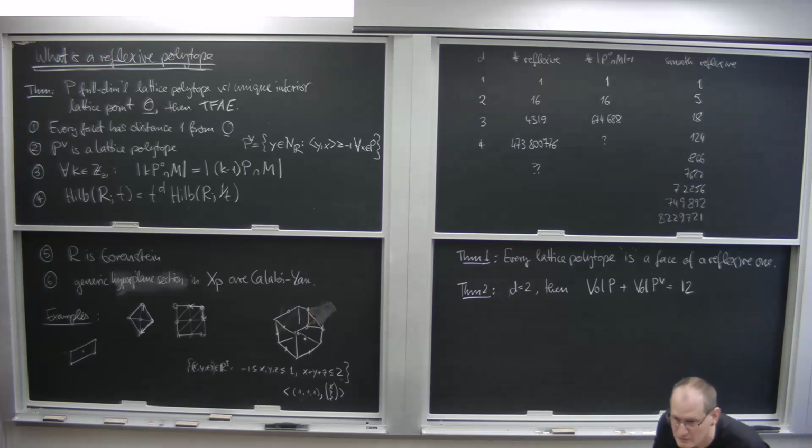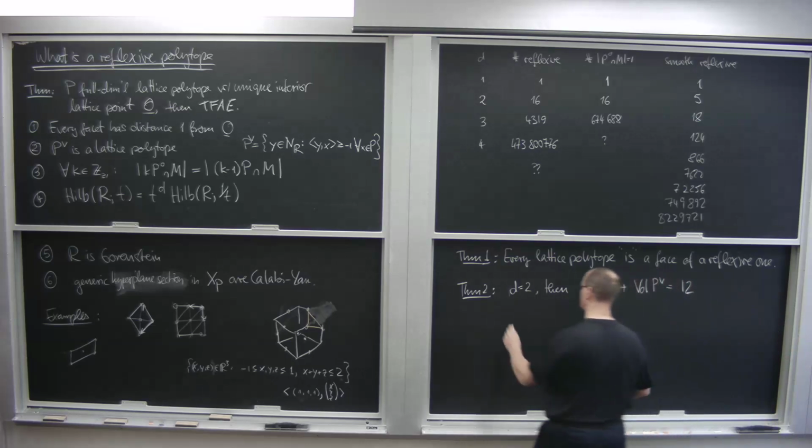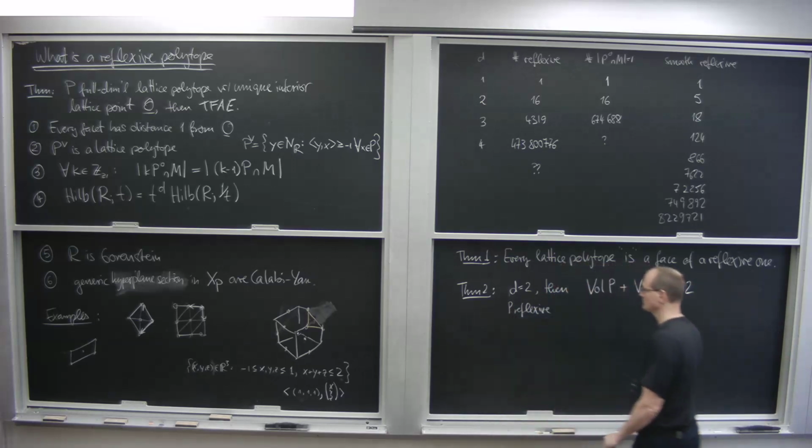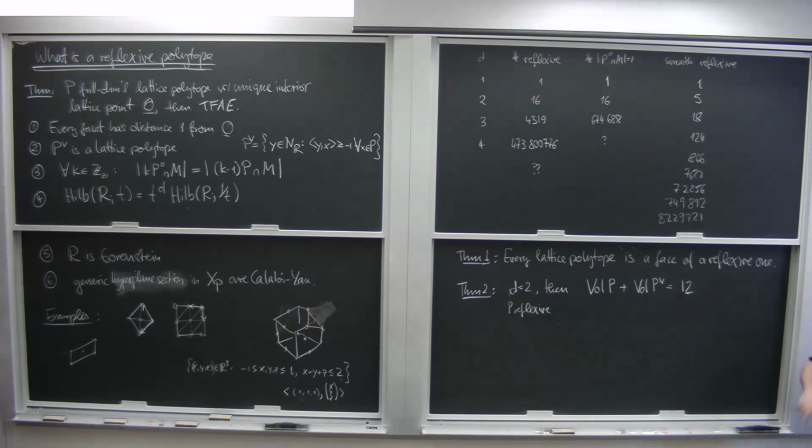Excuse me? Yes, yes. D equals 2, P reflexive. The volume is what you get if you take the Hilbert series numerator and plug in 1, correct? The numerator of the Hilbert series, yes.